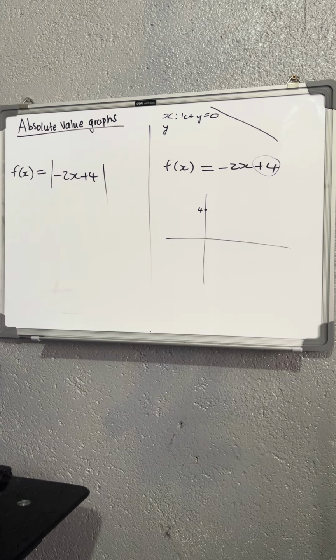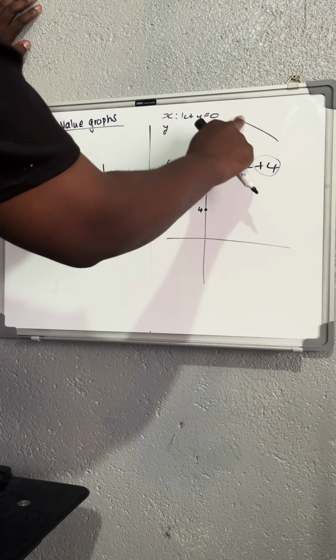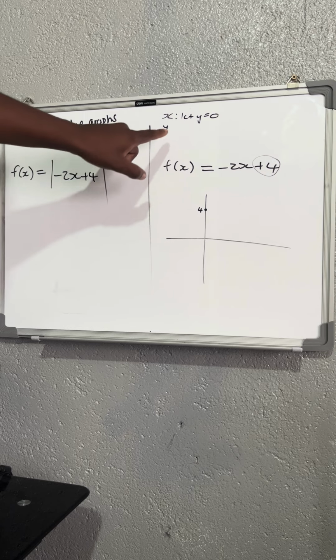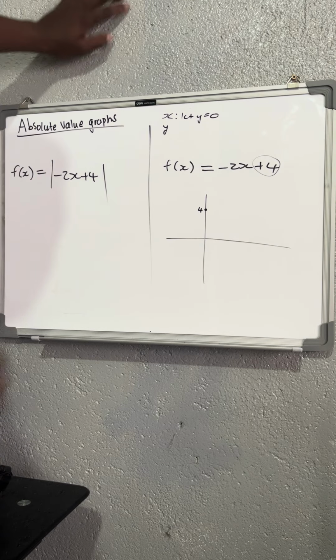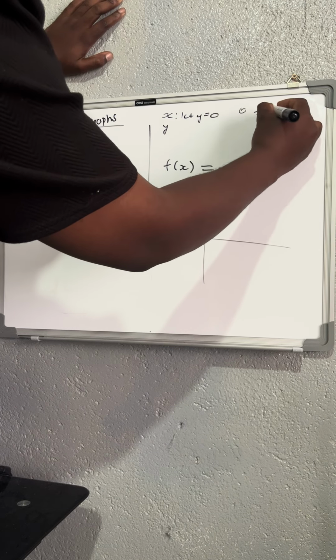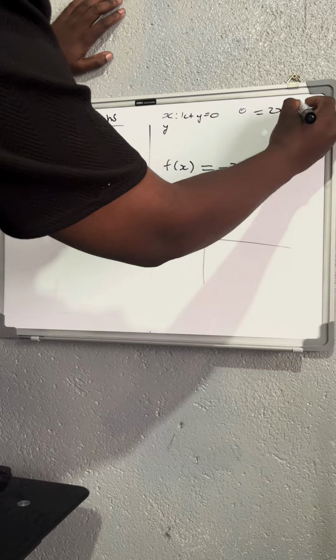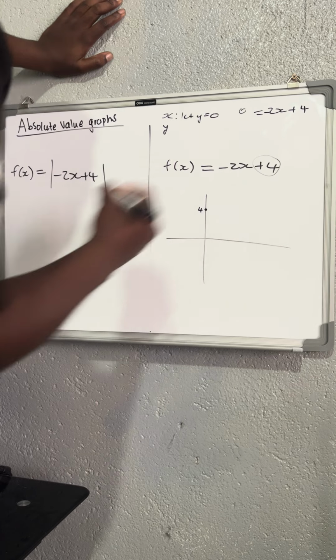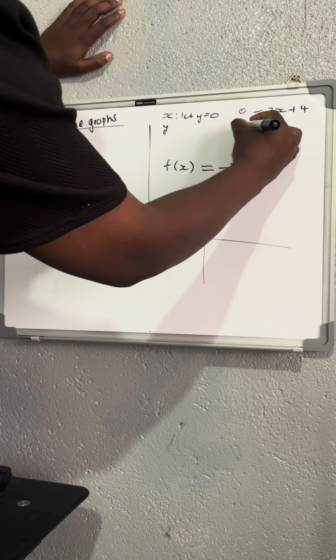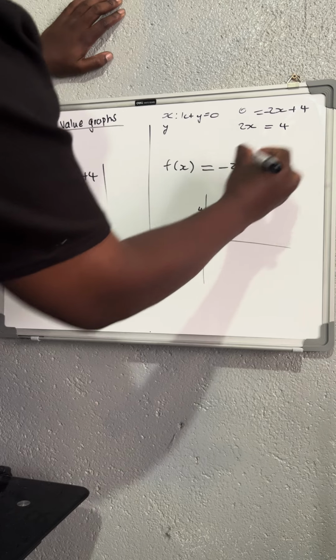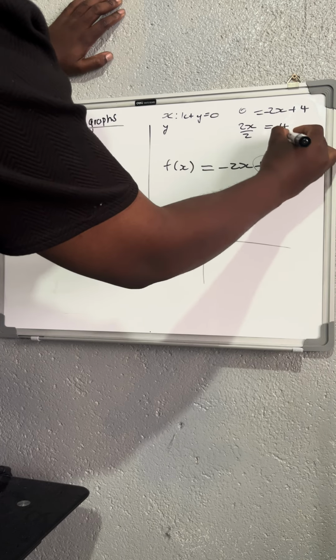Just to quickly do it for others that might have forgotten how we do it: if I'm doing my x, we let y equal 0. It means you're going to have 0 equals minus 2x plus 4. Then you take your 2x to this side, then it equals 4. Then you divide by 2, divide by 2.